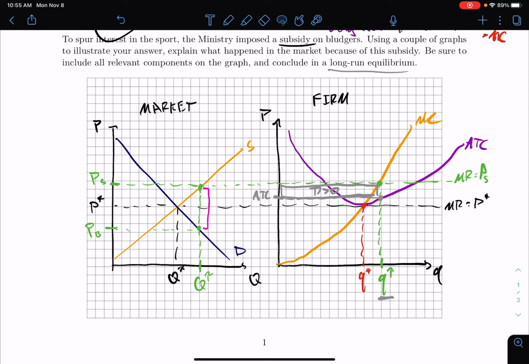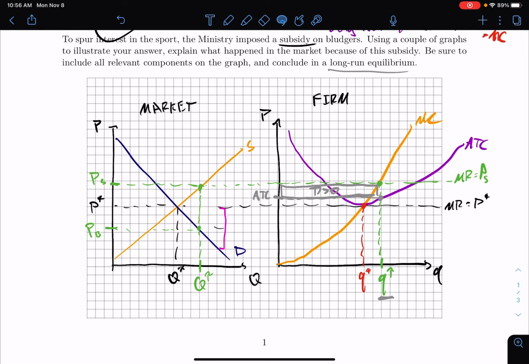We want to shift this value of the subsidy down until it hits the original price, because we know the original price is where there's no entry and exit. This is where the firms are making 0 profit. So we want the price that the sellers are receiving to equal that.